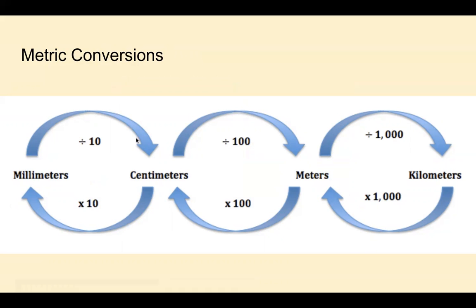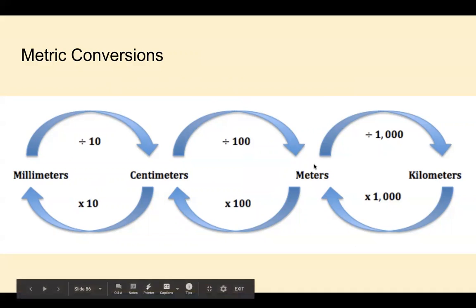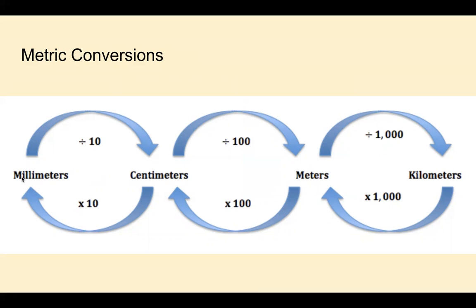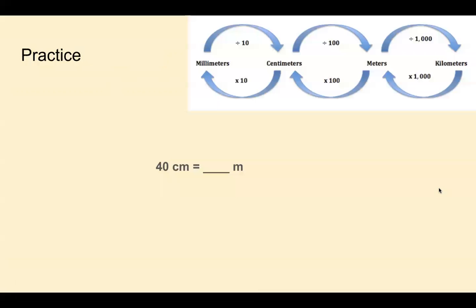So every time I'm going to a larger unit of measure, I'm dividing. Every time I'm going to a smaller unit of measure, I'm multiplying because there's more of the smaller measures in one giant measure.